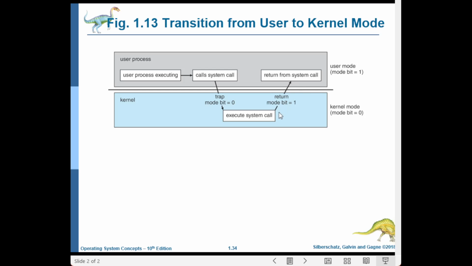So when the mode bit is changed from 0 to 1, the computer system is alerted that now it is executing user code, so it will not be allowed to execute privileged instructions. That is the transition from user to kernel mode and vice versa.